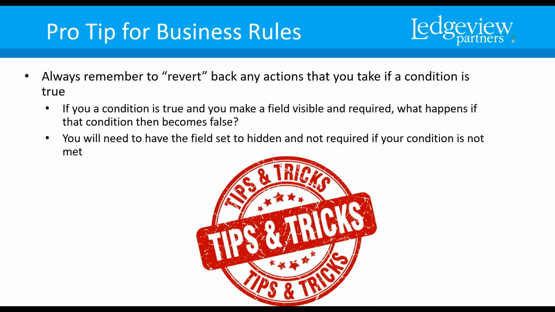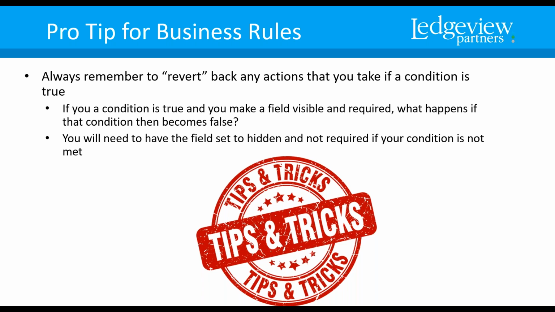So the business rule was set to make the field required and then make the field visible. On the not met condition, like if the condition wasn't met, it had the field then be hidden. But because under base circumstances the field wasn't required, it was assumed that it'll just go right back to its originating state of not required, because that's how the form has it set.